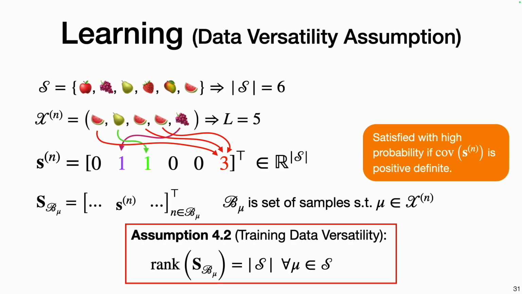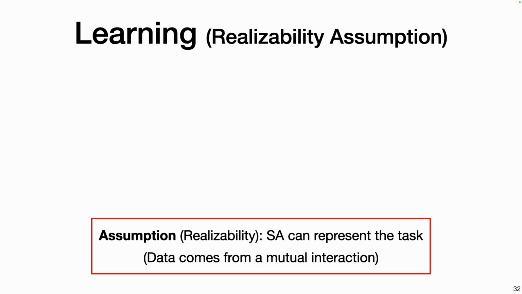So this requirement for our proof is satisfied, and this data versatility assumption is satisfied with high probability. But we kept this version because it is more intuitive and it captures the essence, that is, to learn how things interact, you should see their different configurations.